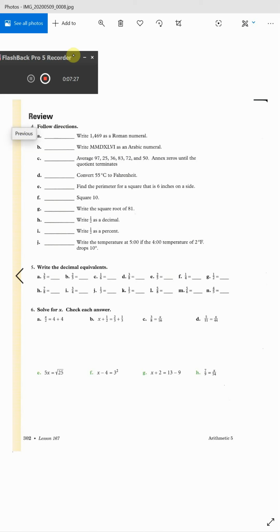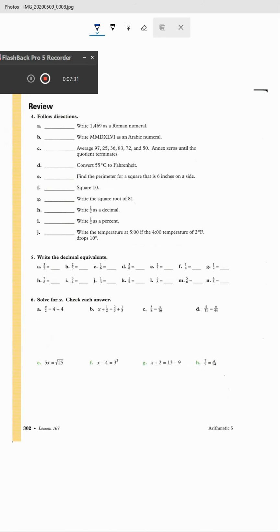B is easy. Remember, annex 0. I'm going to do C with you. I know it might take a little while, but let's do that, okay? So we're going to average these numbers right here. The trick is annexing zeros until the quotient terminates. That means keep adding zeros till it terminates.